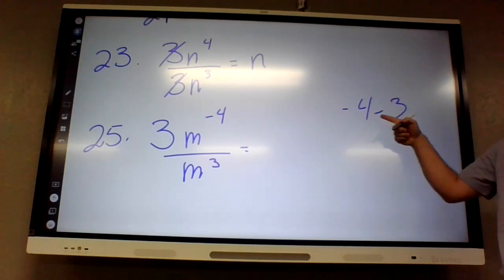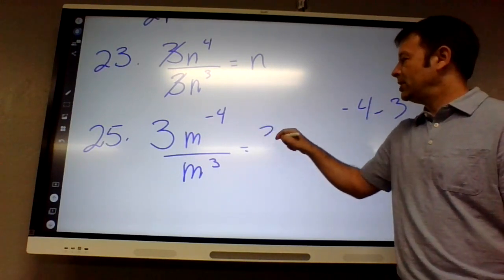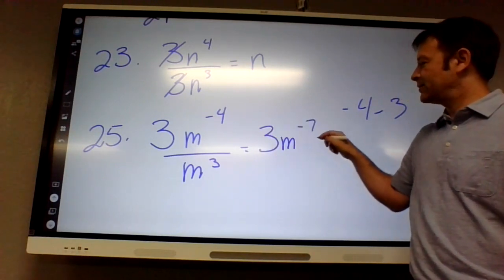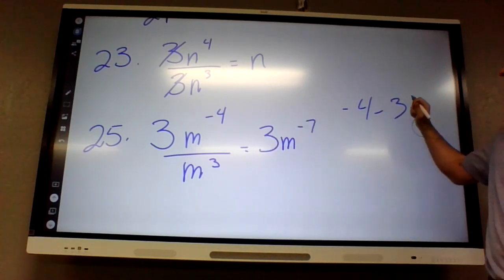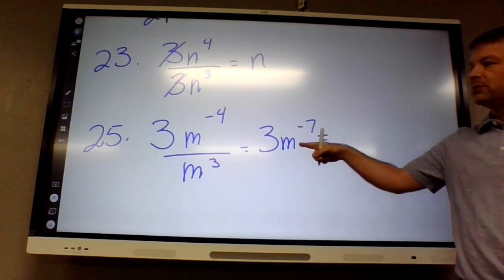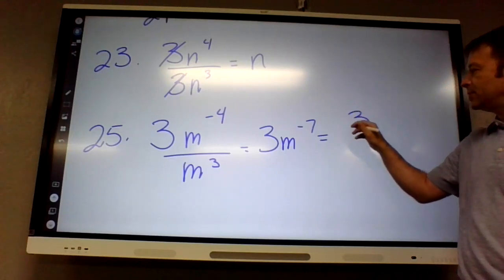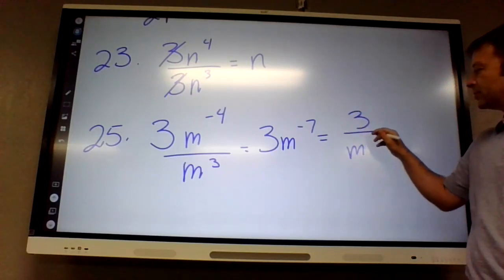Negative 7. If you're confused, you might plug that in your calculator. But yeah, it's negative 7. So 3 is doing nothing. The m to the negative 7 is just going to go to the bottom. So this is 3 over m to the 7.